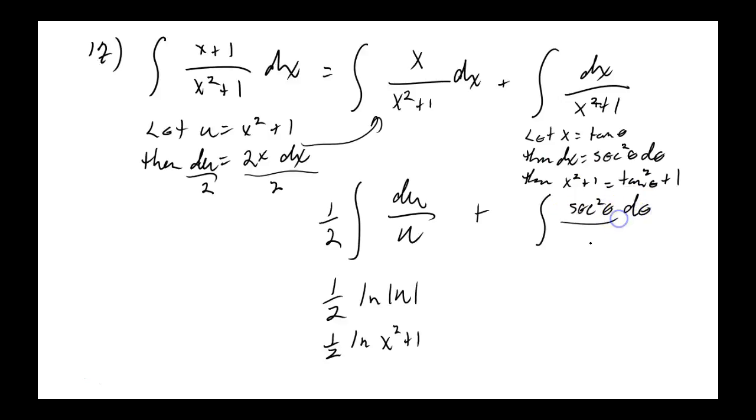Would that just give you d theta? Yes, you're getting it. Over secant squared theta d theta. So the secant squared thetas go out. Now you have, this is just theta.